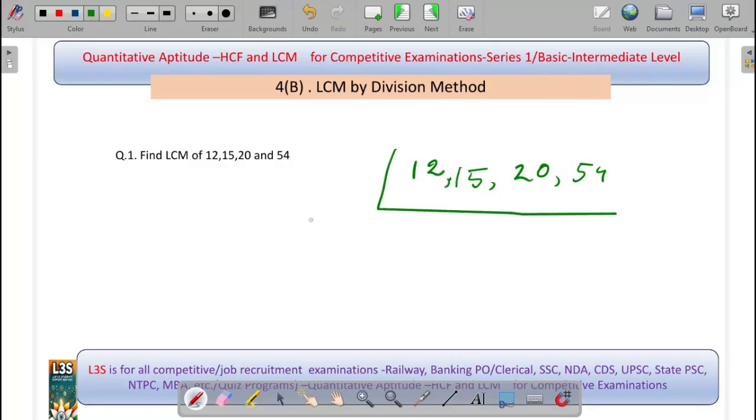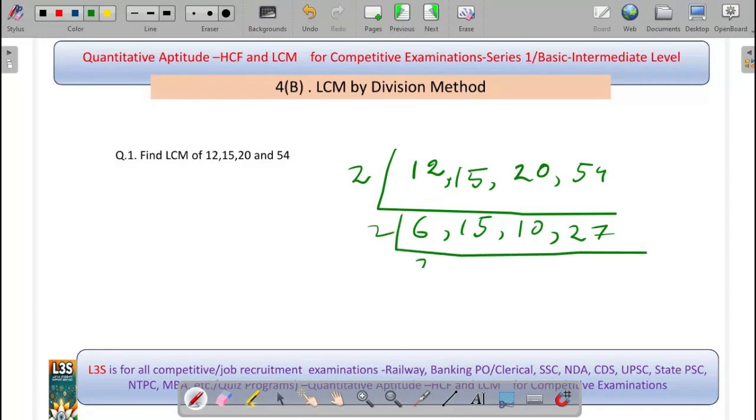This is 12. First we divide by 2: 2, 6. 15 we cannot divide, so it will remain the same. Here we will get 27. We divide again by 2, then we will get 3. We cannot divide 15. This we will get 5. This we cannot divide.